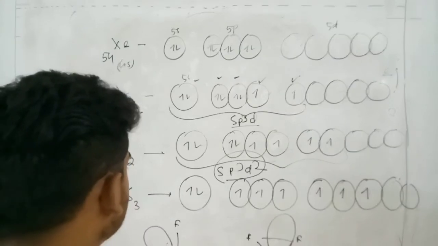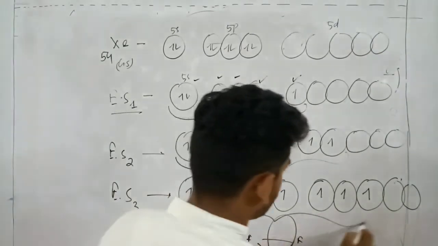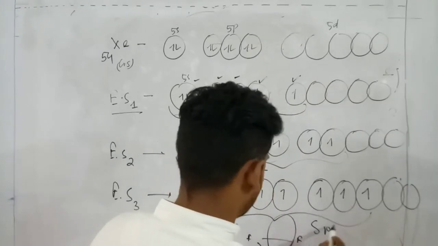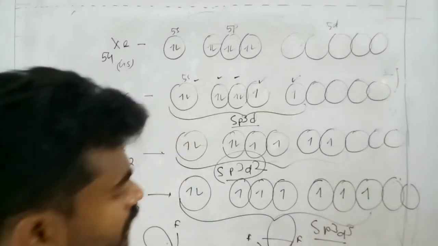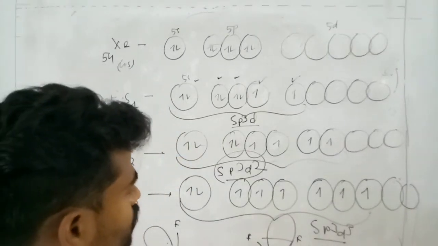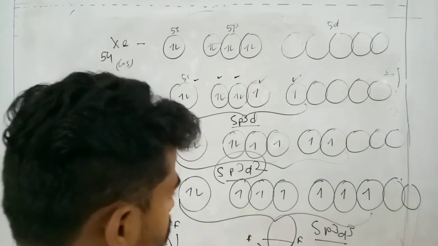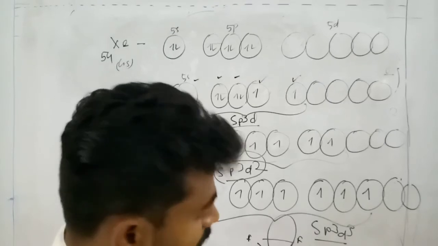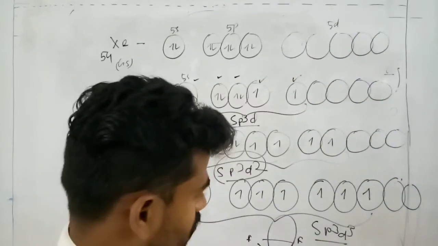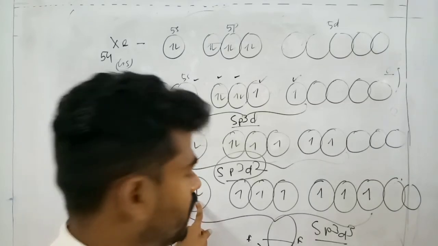Okay, like that. Let us consider this case, that is sp3d3. Okay, so here the shape, due to presence of this lone pair, becomes distorted octahedral.